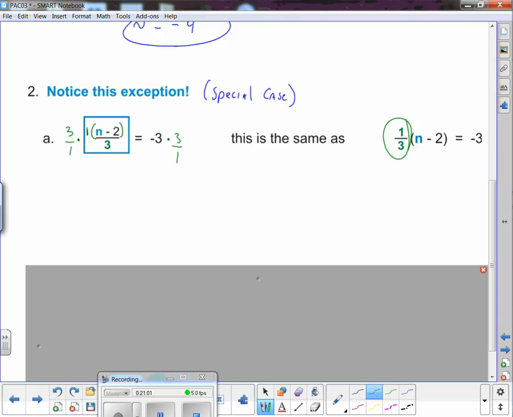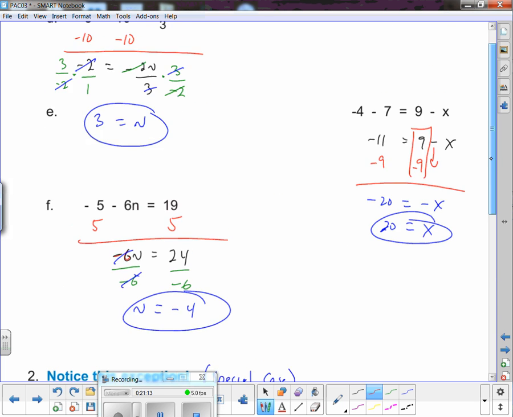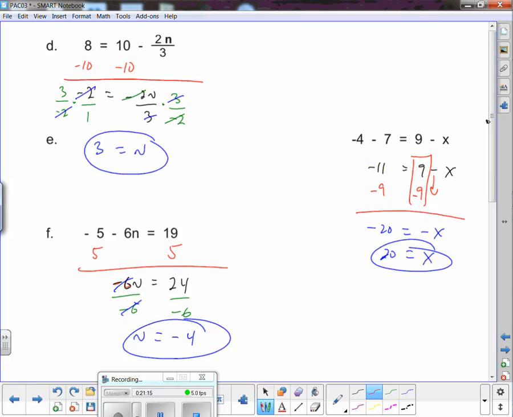It only happens in this situation where the numerator is a fraction with the variable and there's things added to the variable. Okay, before I go any farther, just want to stop for a second. Do you see the difference between that and this?